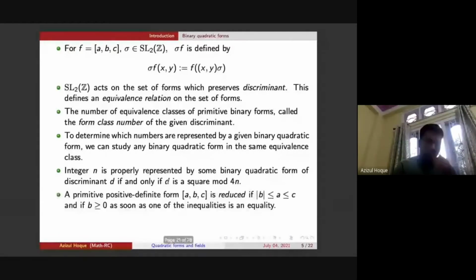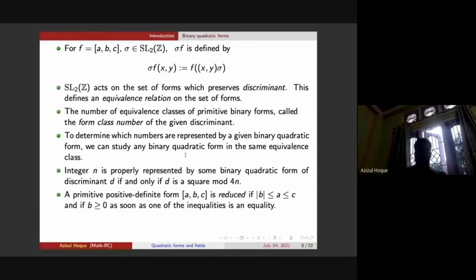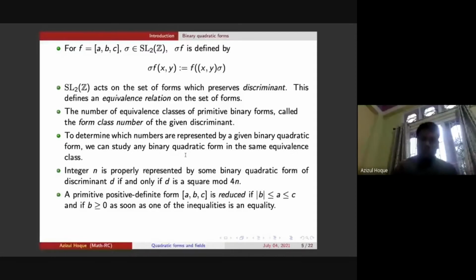Okay. So now the next question is how to find out these equivalence classes of binary forms, or the form class number. One way is to do it using reduction.